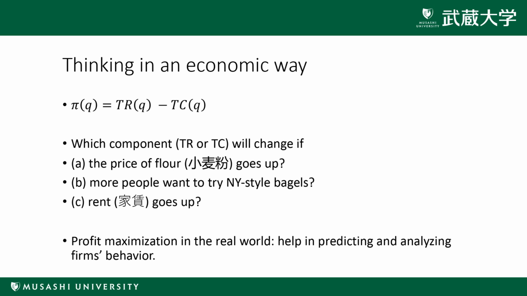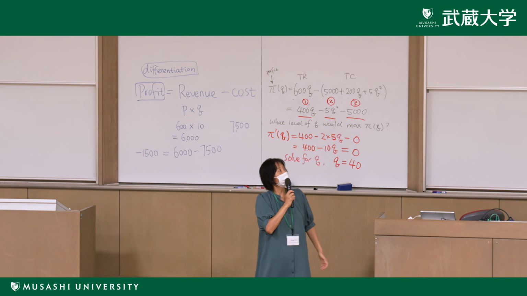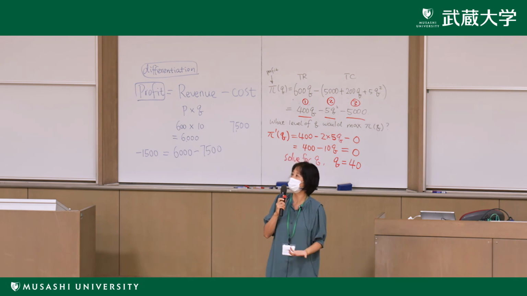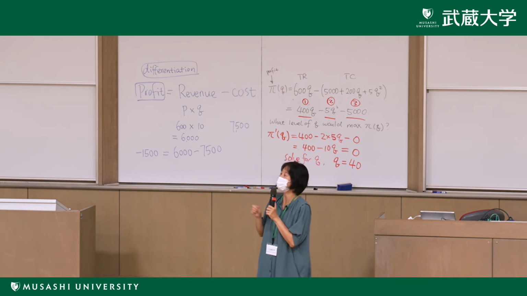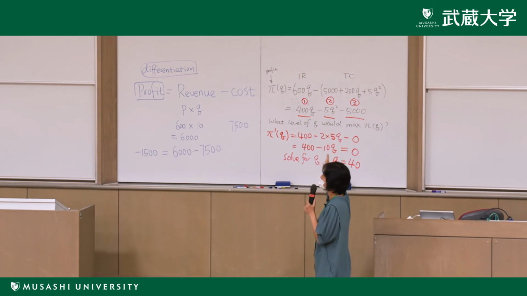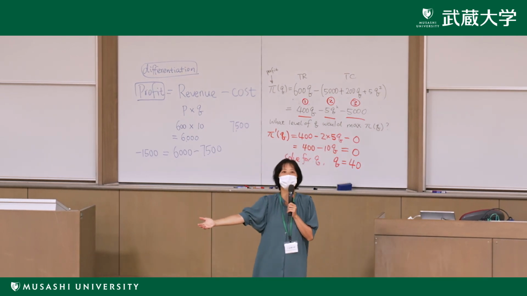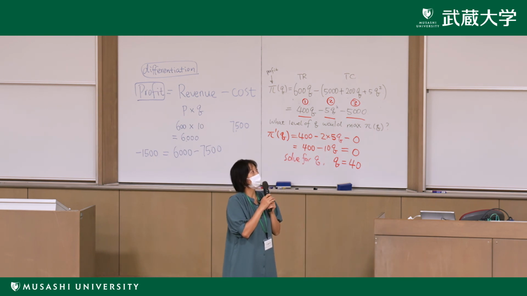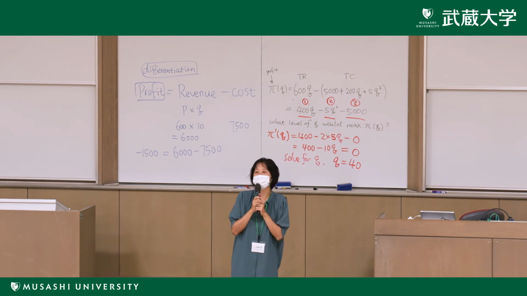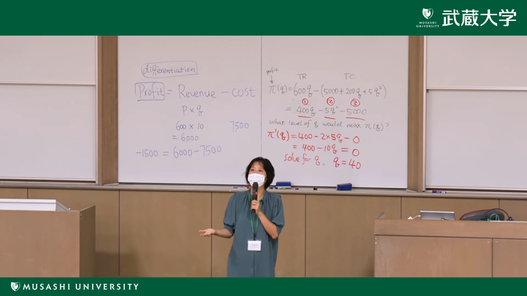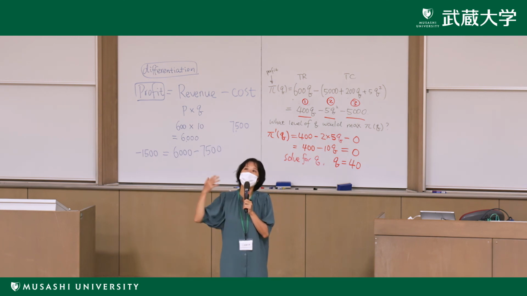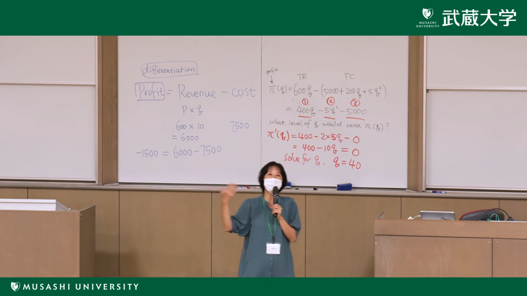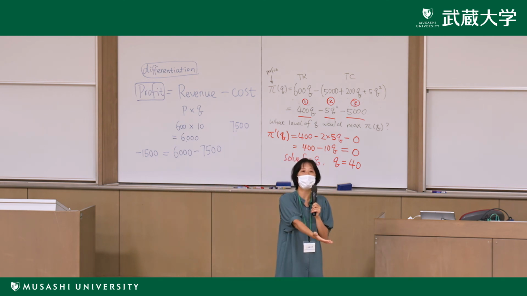The bottom line is that in reality, no firms are doing this economic calculation every day. Nobody is doing this in their business every day, that's impossible. But then why are we learning about this? Because this is a framework that helps us think, if something changes in the market, how do we predict what's going to happen next?